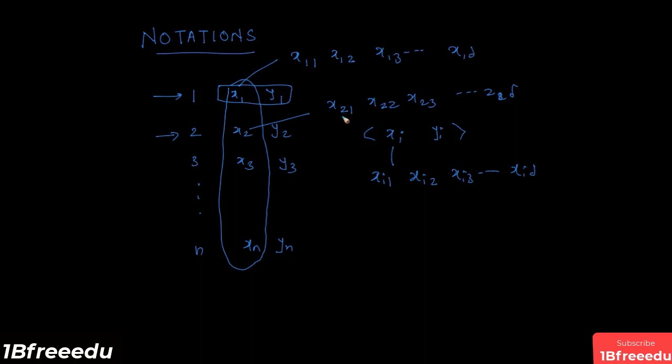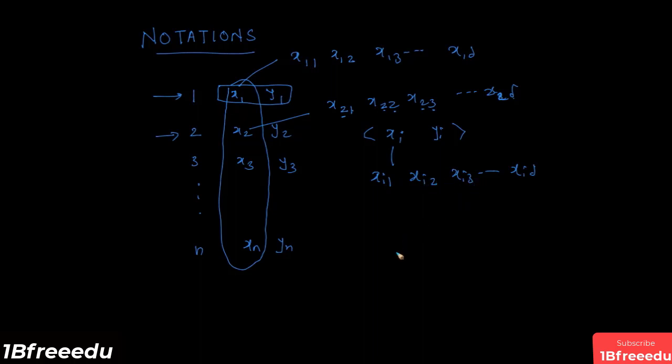So this is the second data point, and this is the first feature of this second data point. Here, second data point, second feature; second data point, third feature; second data point, dth feature. First data point, first feature; first data point, second feature. This is the ith data point, first feature; ith data point, second feature; and so forth.